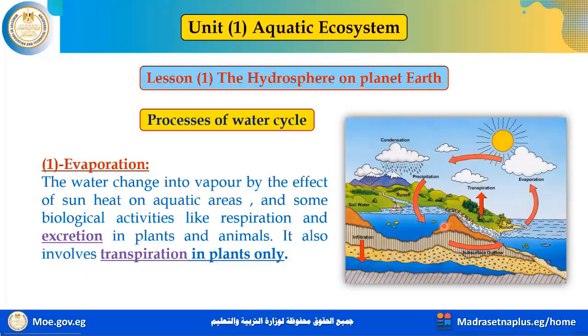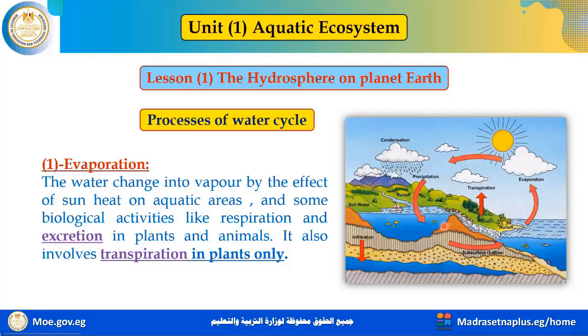Evaporation: the water changes into vapor by the effect of sun heat on aquatic areas and some biological activities like respiration and excretion in plants and animals. It also involves transpiration in plants only.